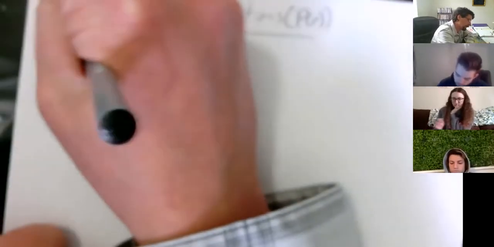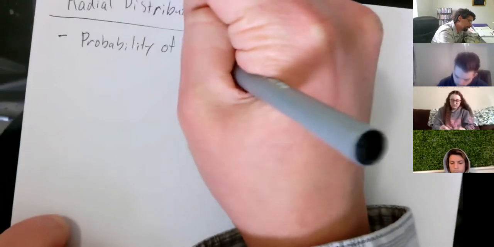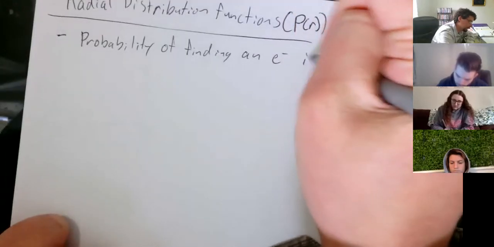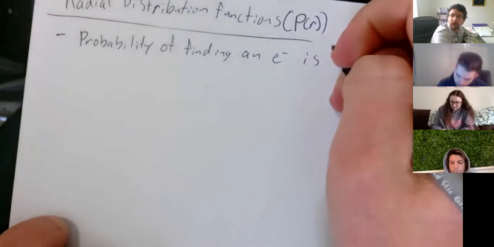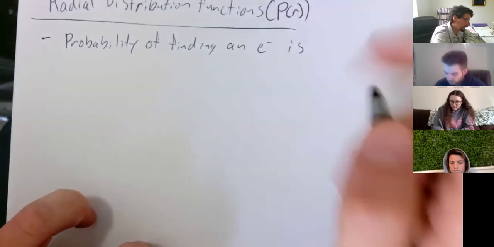The probability of finding an electron is determined by taking this distribution function, which we're going to talk about in a minute, and multiplying it by dr.